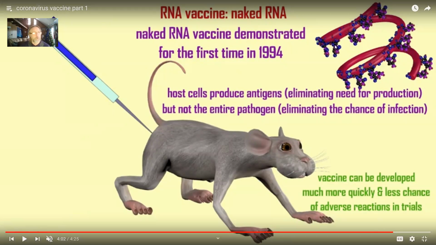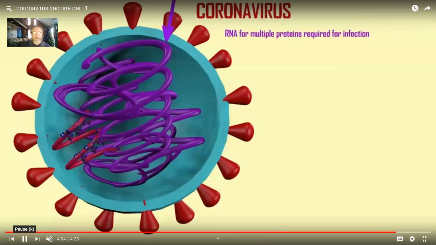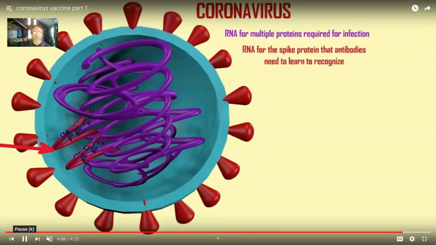Plus, it's relatively easy to generate the sequence for that one protein. This is the reason that the coronavirus vaccine was developed in record time, because it was a brand new type of vaccine which could be developed at a faster pace as opposed to the traditional vaccines, which would take much longer.